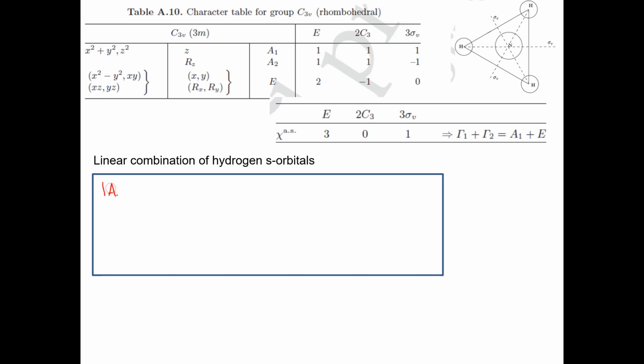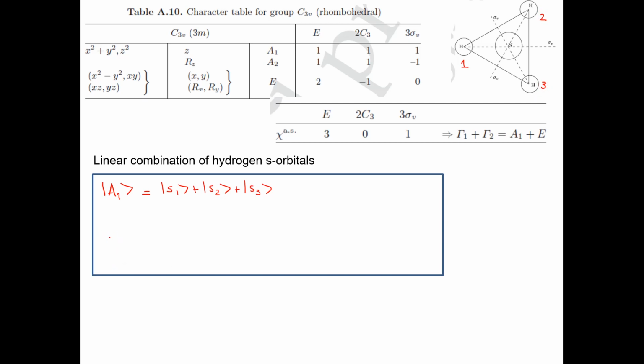If you take the A1 representation, it is the symmetric sum of the s orbital in atom 1 plus the s orbital in atom 2 plus the s orbital in atom 3. I can arbitrarily choose these as atoms 1, 2, and 3 here.